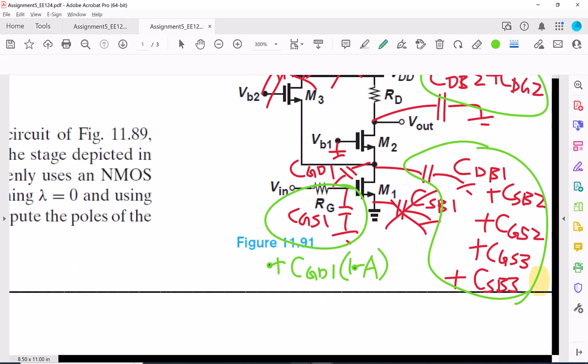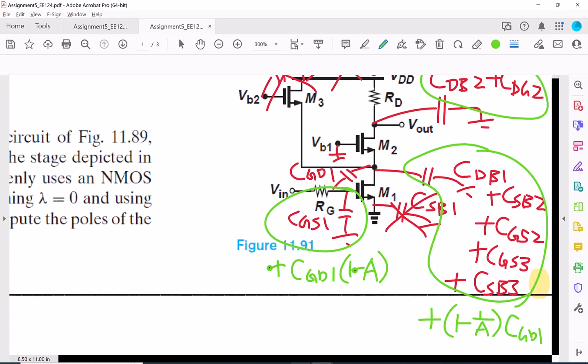Do I just stop here for 1 minus A when I split it? You need to go to the output port: 1 plus 1 over A times CGD1. Now you are good. I'm just tricking you, just testing you. CGD1, very good. Now, let's check if I do it right.